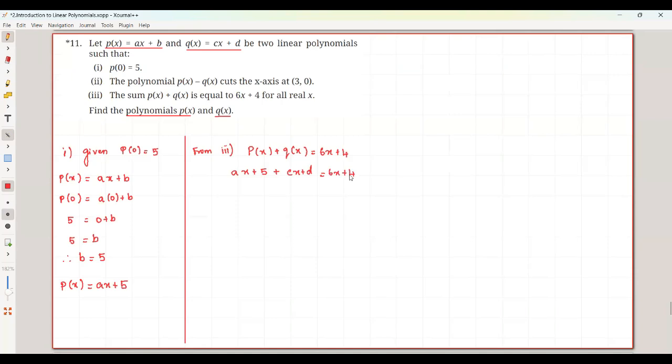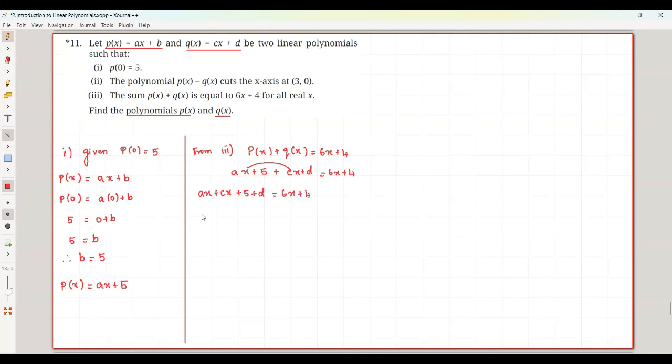Now we can rearrange: ax plus cx plus 5 plus d is equal to 6x plus 4.